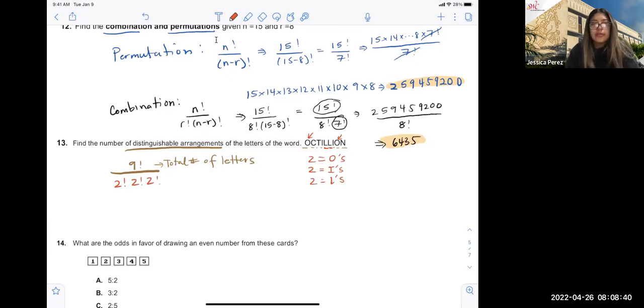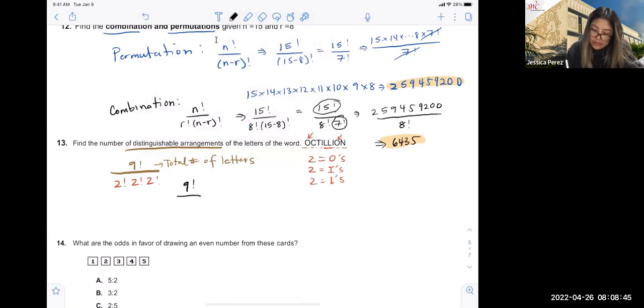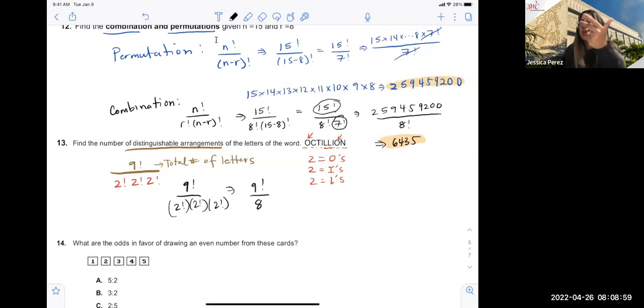So then you simplify: 9 factorial over 2 factorial times 2 factorial times 2 factorial. What's 2 factorial? That's 2 times 1. So this is 9 factorial over 8, because 2 times 2 times 2 is 8.